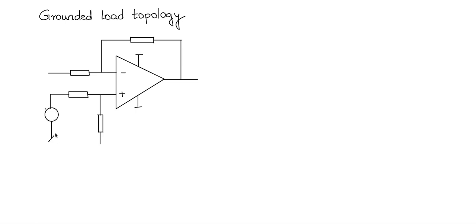So let me put two sources here, V1 and V2. Then I will put a series resistance here. This is a very important resistance. This is the key element here. And further on the remote side, you will see that there is the load.